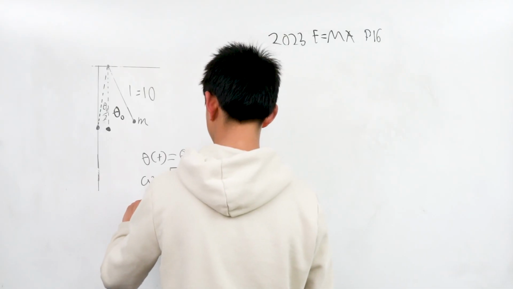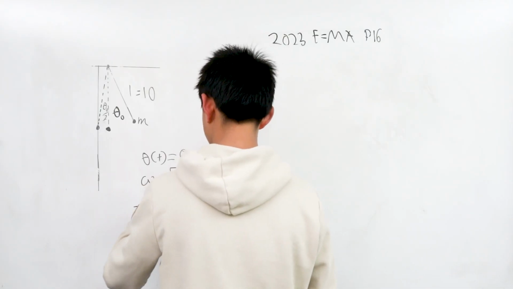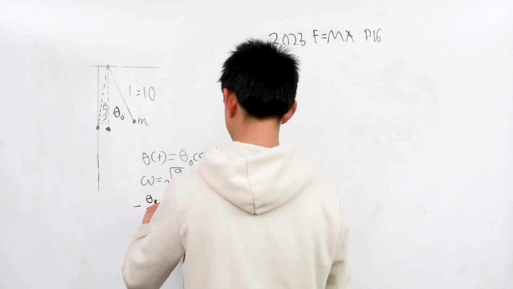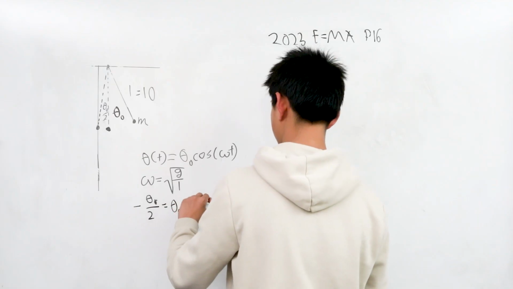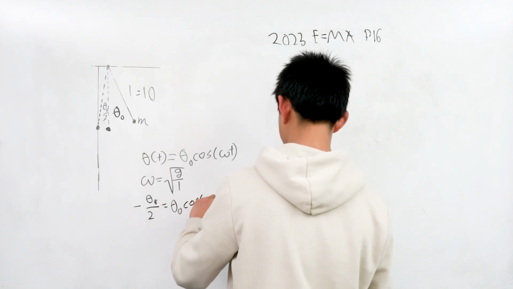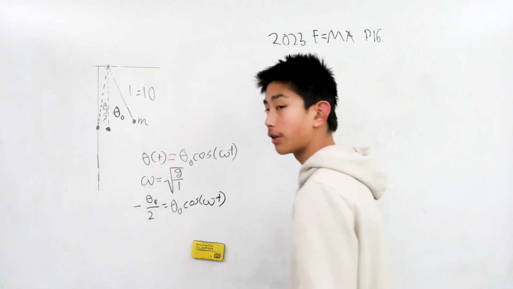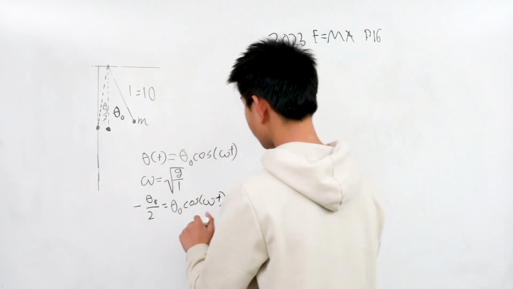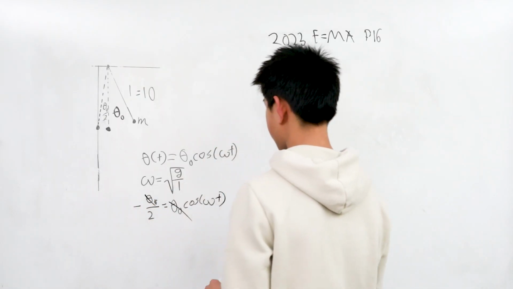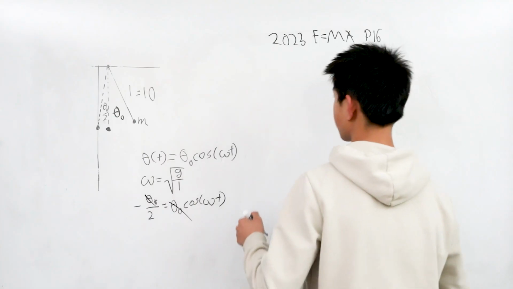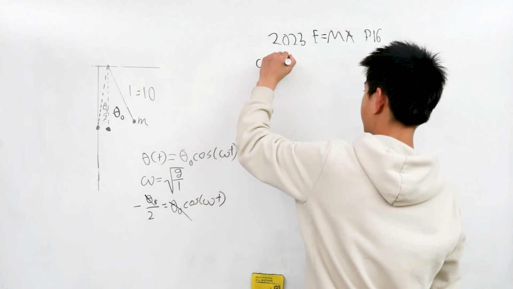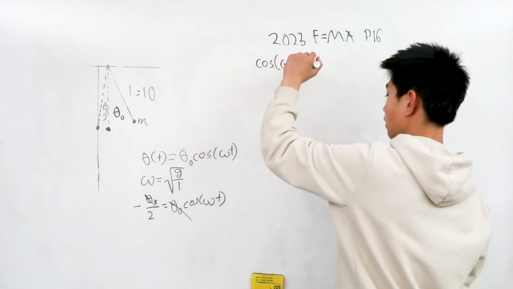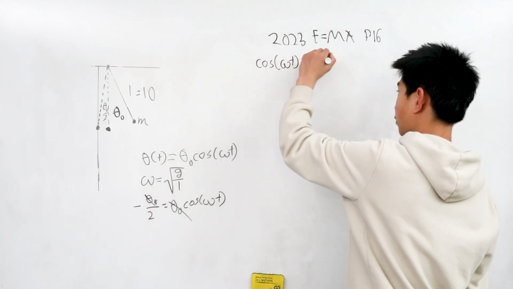So, conserving energy here, we can set the left side, negative theta of 0 over 2, equal to theta of 0 times cosine of omega times time, because it's moving this way. These theta of 0's cancel out, and what we get from this is cosine of omega times time is equal to negative 1/2.